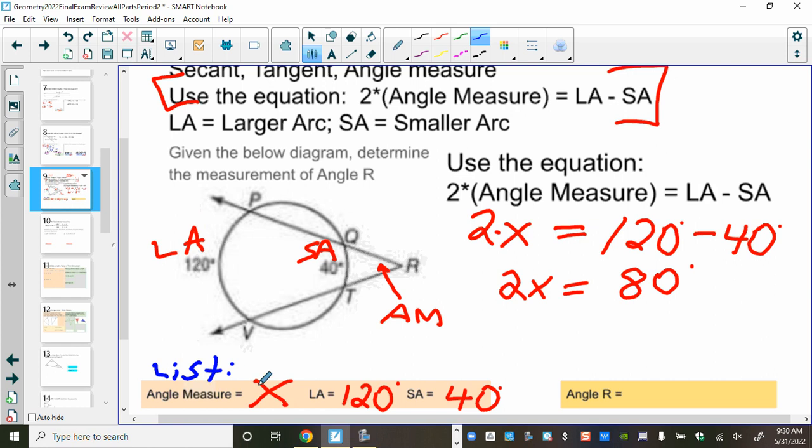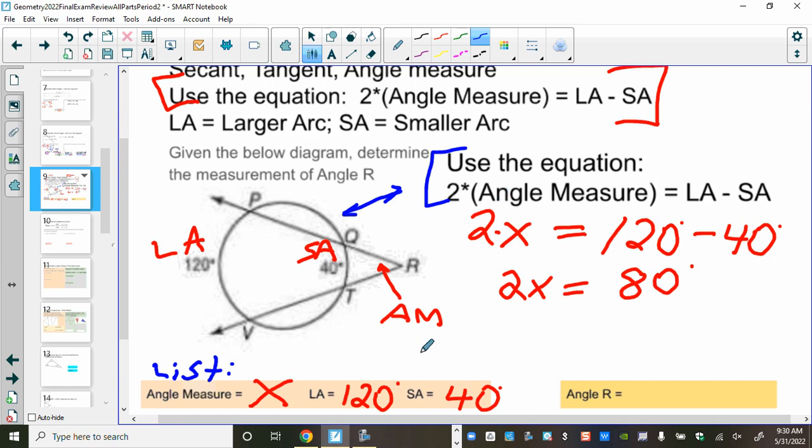So it's list: angle measure, larger arc, smaller arc. And then use your equation. 2 times the angle measure, and then larger arc minus small arc. This is what you need to do. Given this diagram, this is setup.